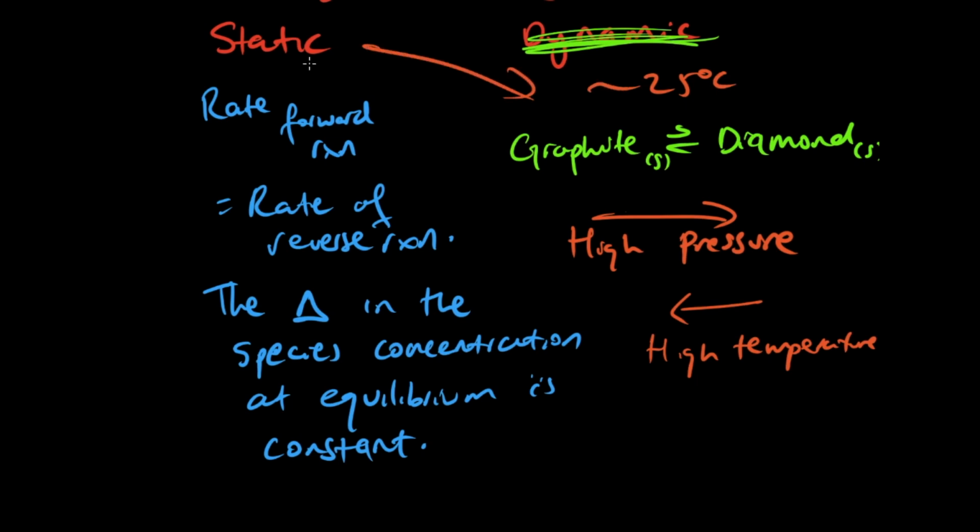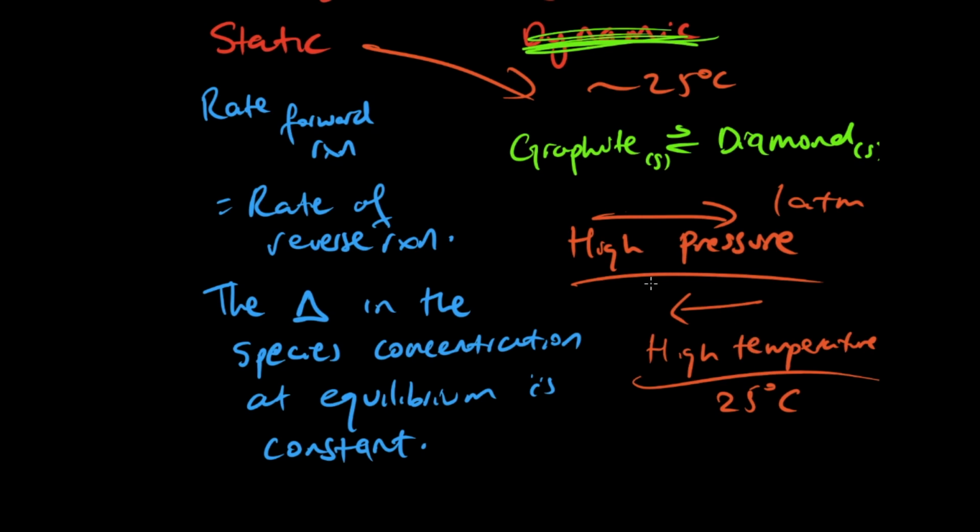The reason why is because the pressure at standard conditions is around 1 atmosphere, and this will be 25 degrees Celsius. So it won't be high pressure and it won't be high temperature, right?